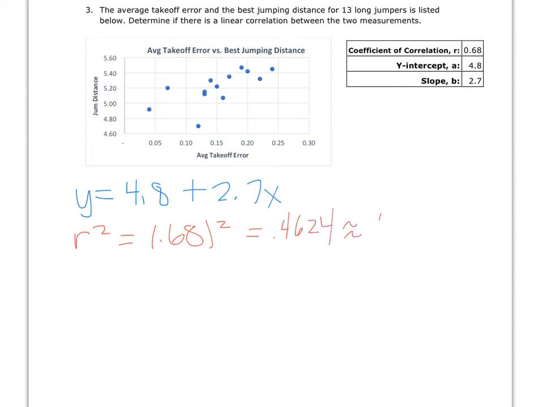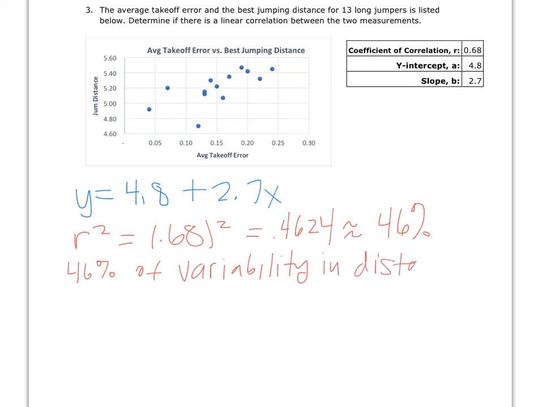And we can round that and write it as a percentage. So we've got 46%. 46% of the variation or variability in the jump distance is explained by the relationship with takeoff error.